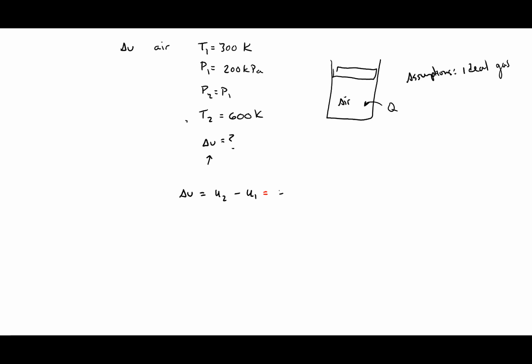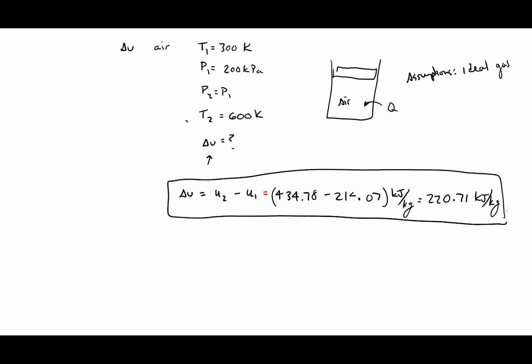So this is equal to 434.78 minus 214.07 kilojoules per kilogram, which is equal to 220.71 kilojoules per kilogram.